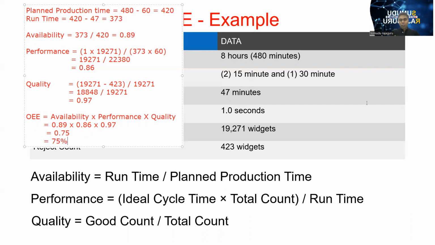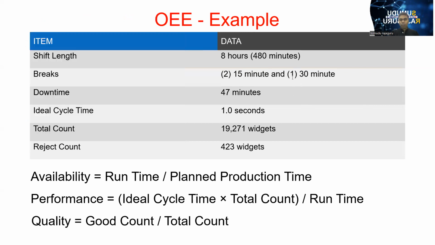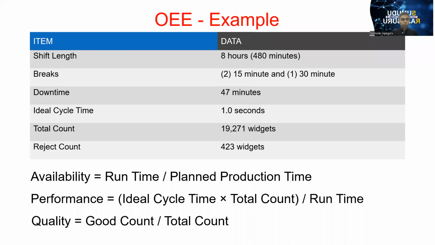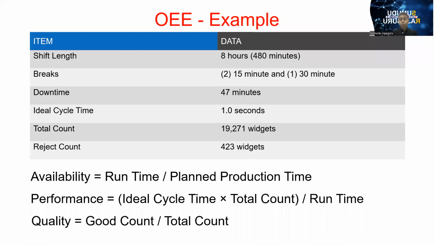Finally, I would like to say, when we talk about TPM, we want to know the TPM related theory, as well as the TPM related calculations. There are a few types of calculations. We have to understand mean time between failures.